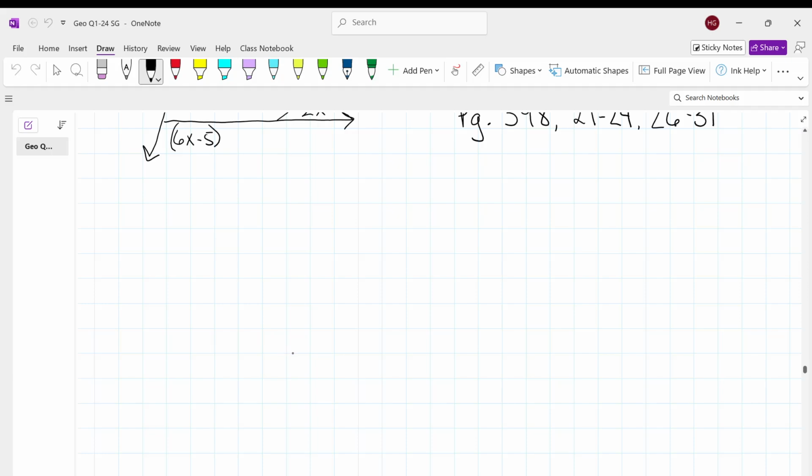Okay, today we are going to be determining the end behavior of polynomial graphs.